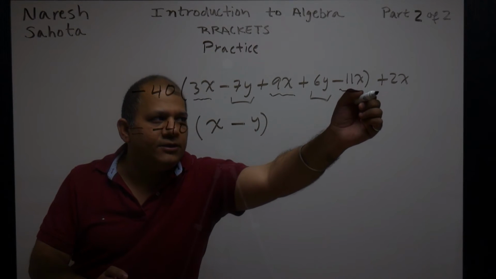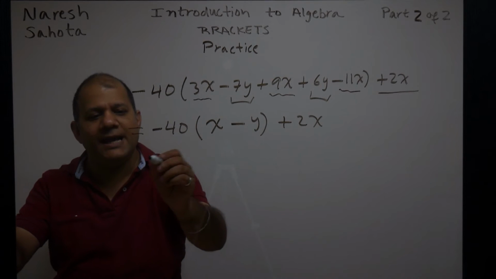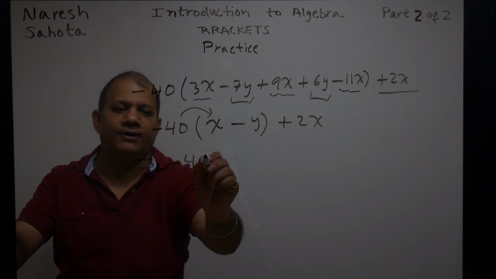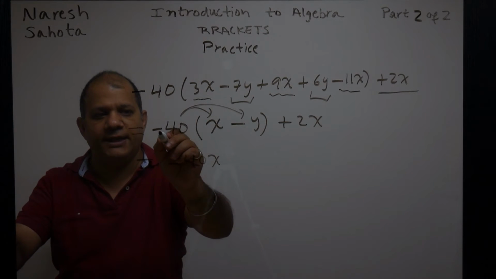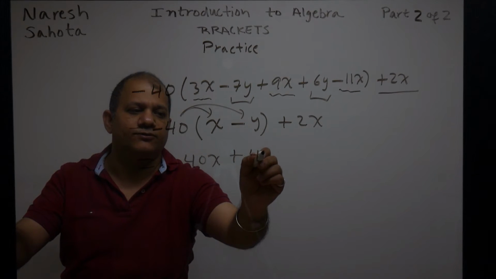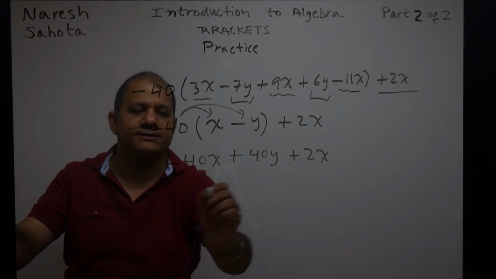Now copy your last term, so plus 2x. Now we can multiply. Negative 40 times x is negative 40x. Multiply negative 40 with negative y, so negative times negative is positive, 40 times y is 40y, and then your last term plus 2x.